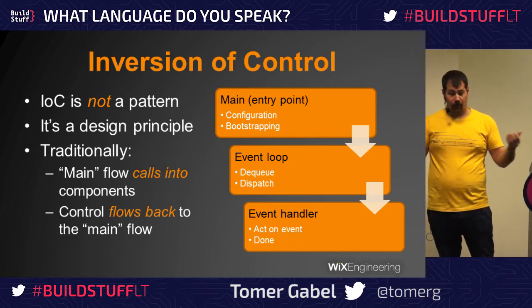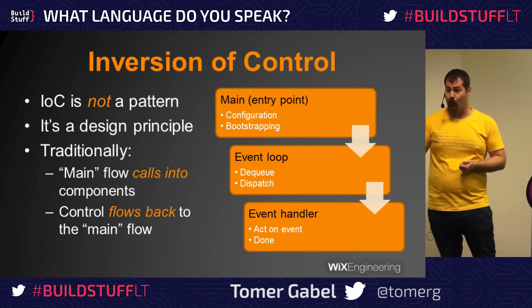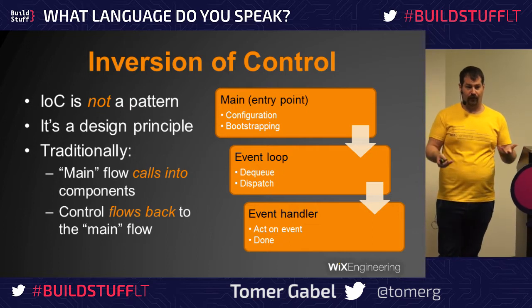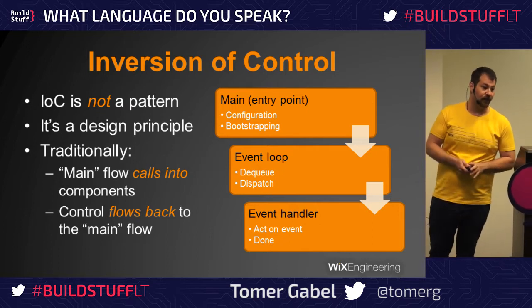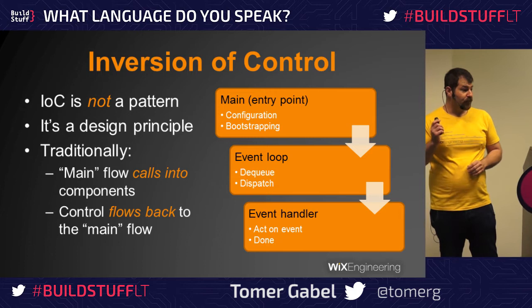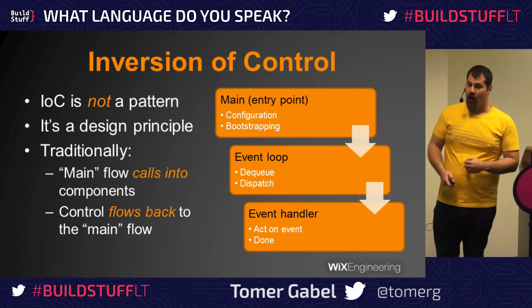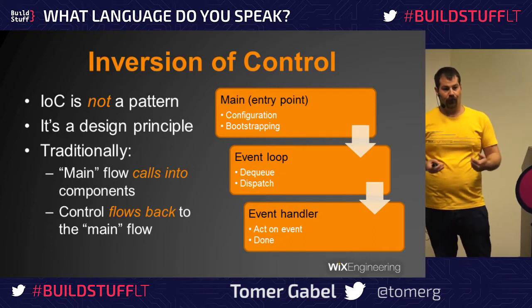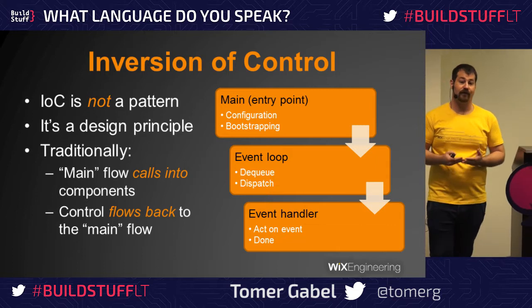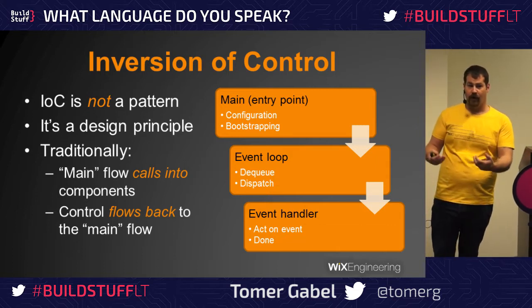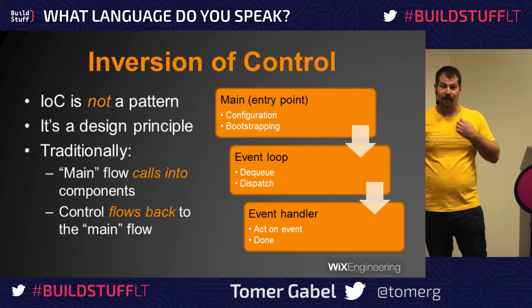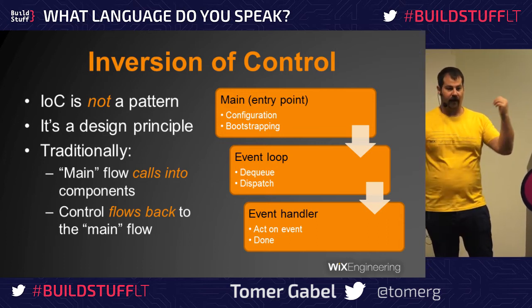Traditionally, you would build up your object graph, you would build up your dependencies, and you would start doing work. That is sort of the trivial way of constructing software. With inversion of control, the guiding principle is that you surrender control to some sort of framework, some sort of infrastructure, what is commonly called an inversion of control container. I implement my main function, I build up my Spring context, and I let it go.